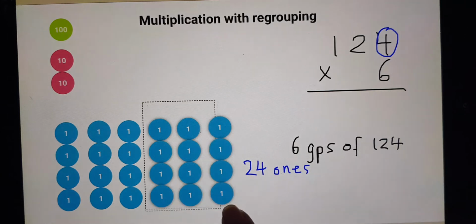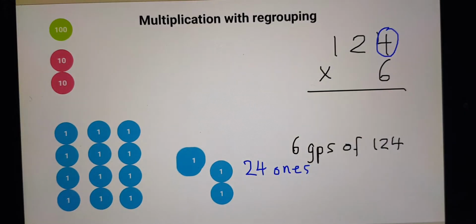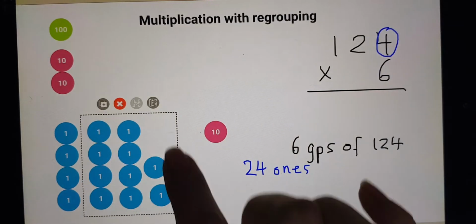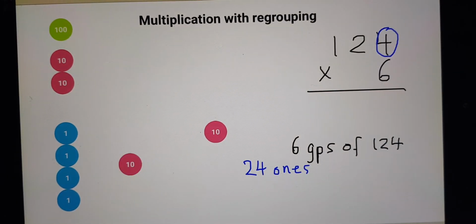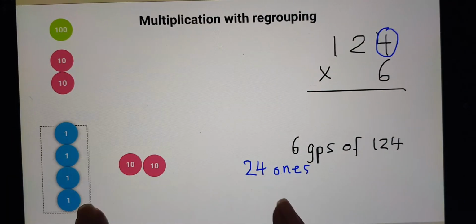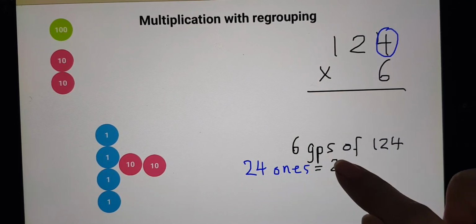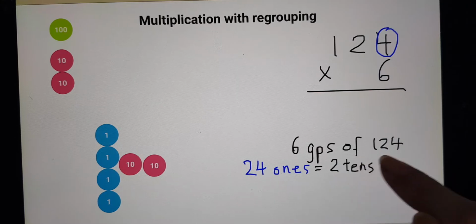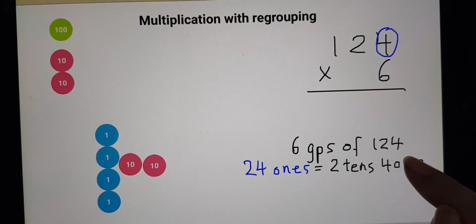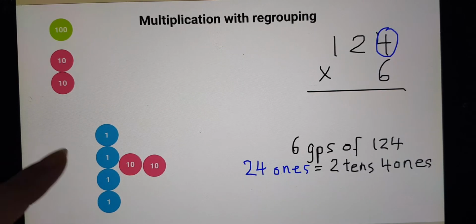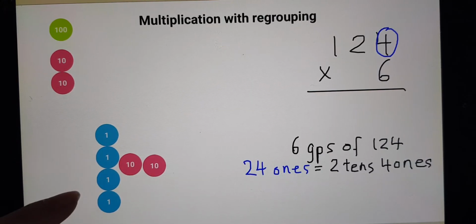Every 10 ones is going to give me a 10. So as you can see, our 24 ones have actually become 2 tens and 4 ones. Now I'm going to leave the ones in the ones place.